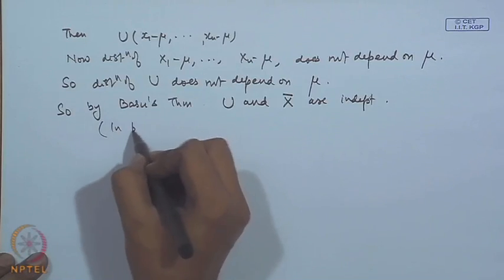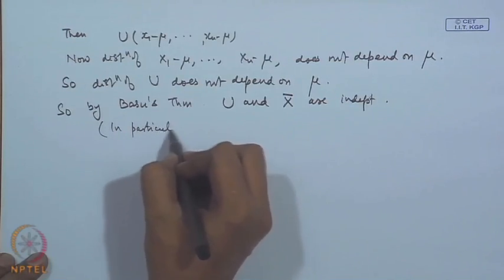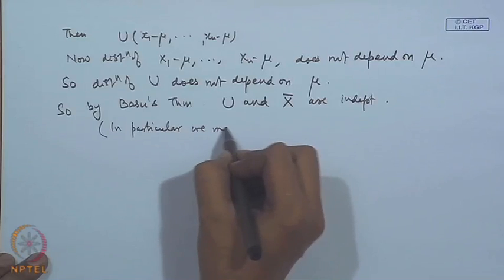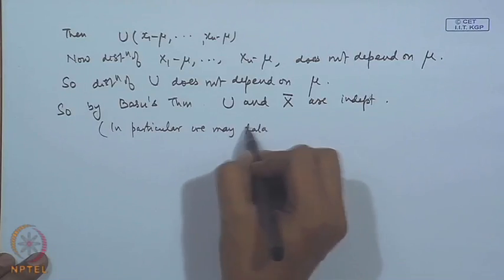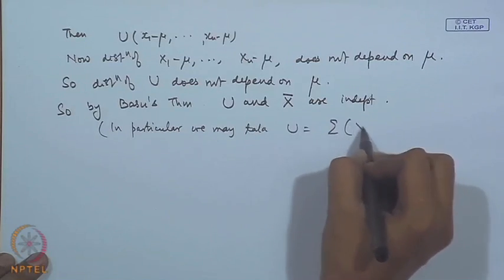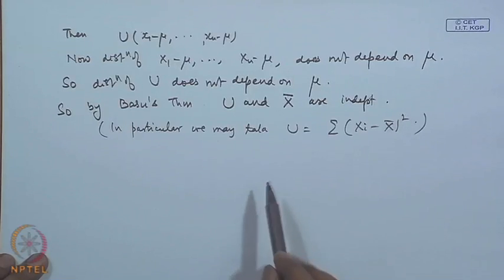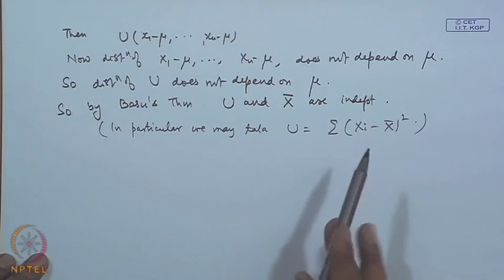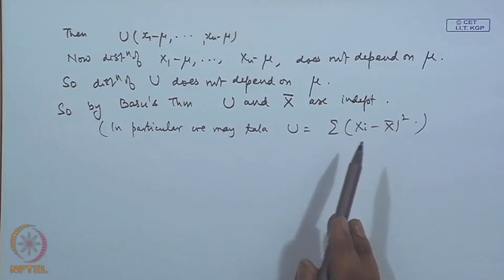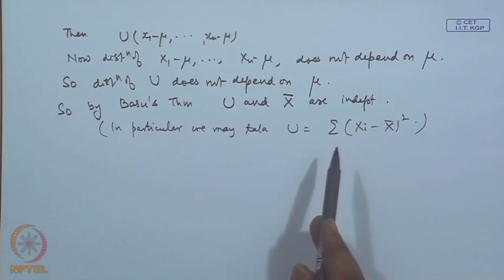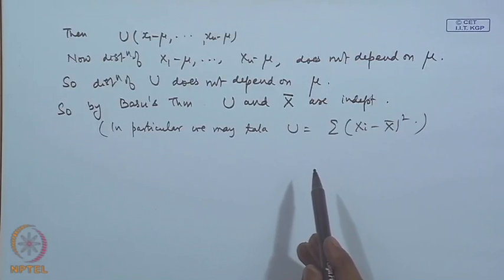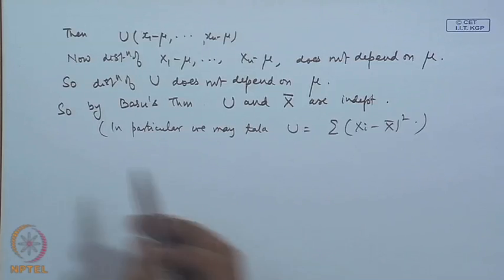In particular, we may take u equal to say sigma of x I minus x bar whole square. Of course, in sampling from normal distributions, we know that sample mean and sample variance are independent, but here this is also proved from Basu's theorem.